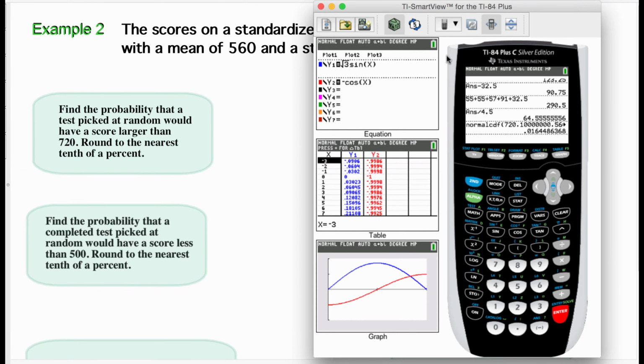Back to your calculator. You can also do this distribution using z-scores. So right now I have a mean of 560 and my standard deviation. Well, I can do it with the z-score. In other words, I can say my z-score is 2.1333333.